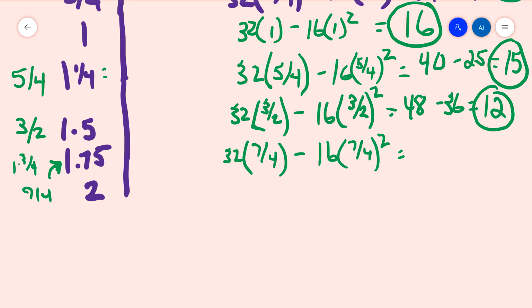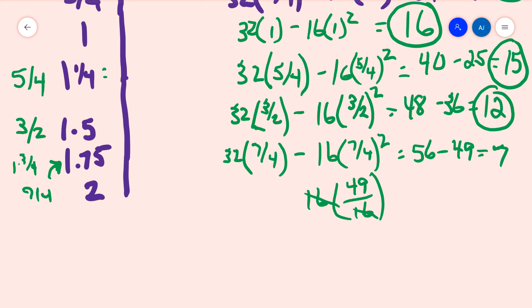All right, first one, 4 into 32 is 8. 8 times 7 is 56. Minus, I've got to square this 7/4, so it's going to give me 49/16, and again times this 16, really, so it makes the math easier to do. These 16s cancel, and I'm left with the 49. So it's 56 minus 49, which equals 7.